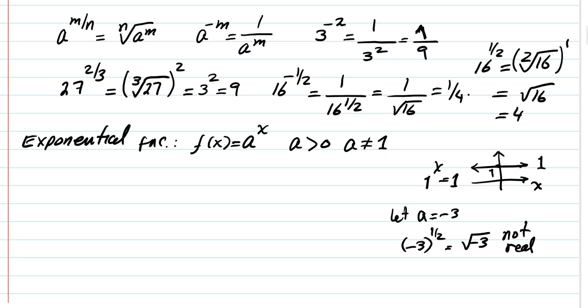So this is not real. Therefore, the restriction for a to be positive. Of course, if I have something like negative 3 to 1/3, that one would be okay, but we don't want to make exceptions for fractions whose denominators are even or odd. So in general, we're just going to say that a has to be positive.